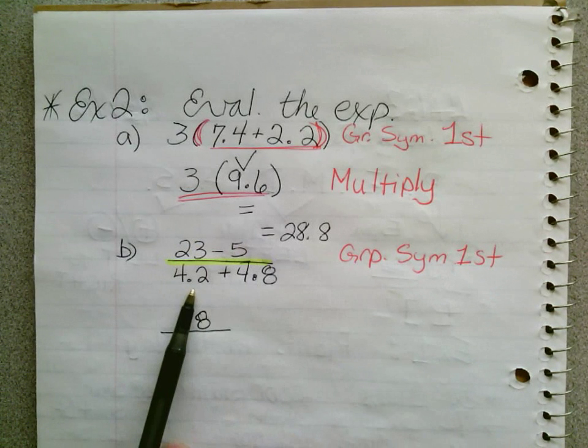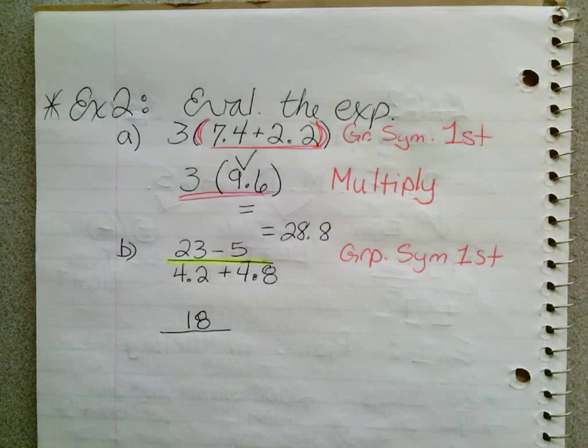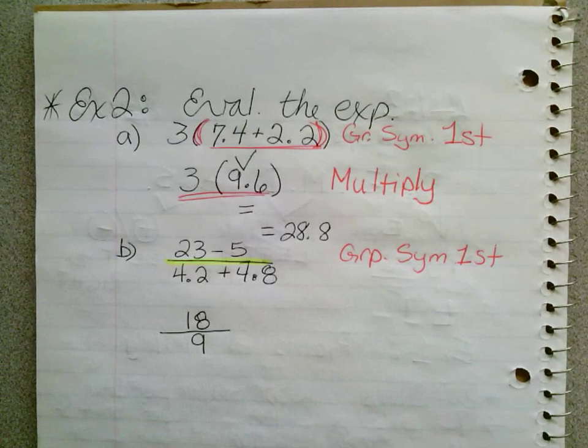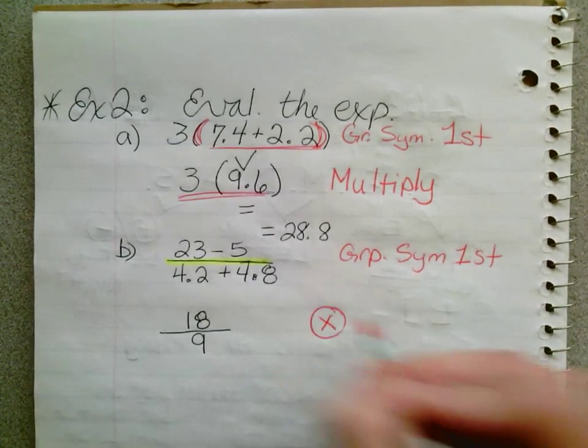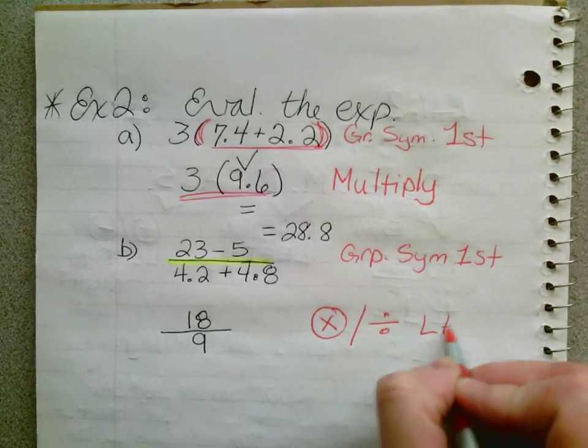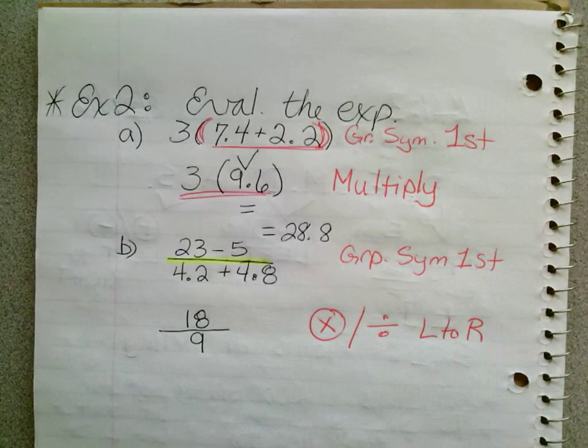On the bottom, if you add together 4 and 2/10 with 4 and 8/10, you end up with what, 9? 9. Okay? We still don't have any exponents, so we're going to go to the third step, which is multiply or divide from left to right. All we have here is division. This literally means 18 divided by 9.